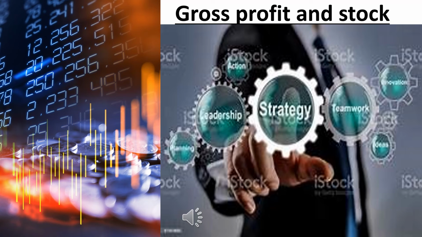It consists of the total purchases plus the opening stock less the closing stock, which gives you the figure for the cost of sales. The primary purpose of the trading account is to find the gross profit or loss for a stated period. The gross profit is the difference between the sales and the cost of goods sold.